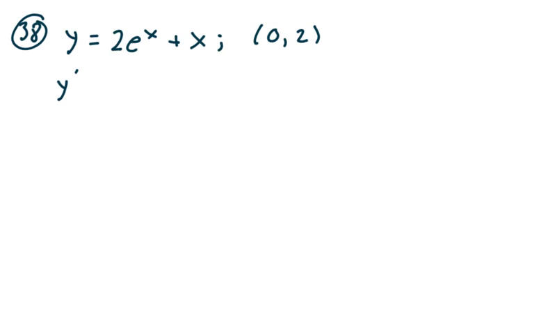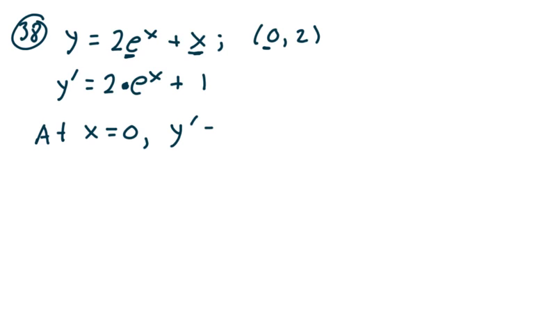And so y prime is 2 times the derivative of e to the x, which is e to the x. The derivative of x is just 1. So I'm going to add 1. Okay. Now, I'm going to plug in x equals 0. That's the first coordinate of that ordered pair.